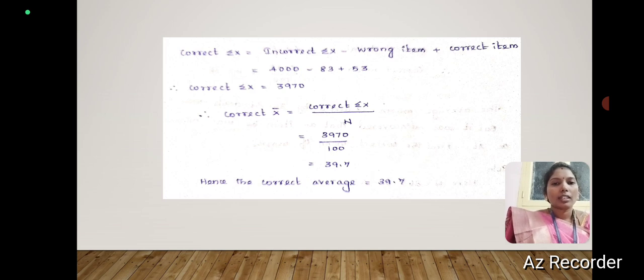And correct x bar, that is new x bar equal to new summation x divided by n. N is already given as 100, so apply n value as 100. Solving this, the answer is 39.7. Hence, the correct average, that is the correct mean, is 39.7.